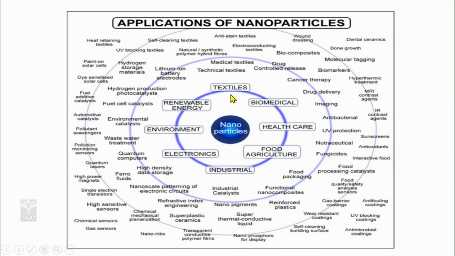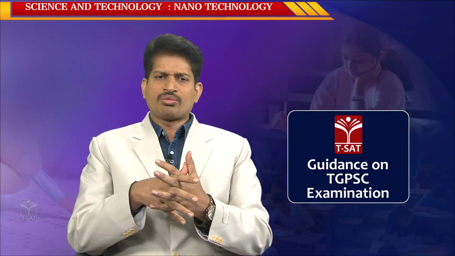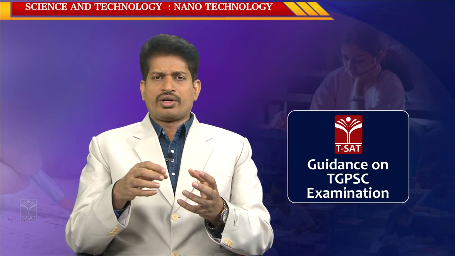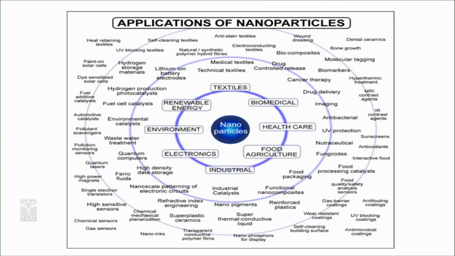In textiles, better breathable textiles, textiles which are wrinkle free, textiles which are antibacterial. So, these are the different range of applications. For example, in biomedical applications, a drug delivery system with the help of Buckminster fullerenes, you can synthesize materials of your desire which are accepted by your immunity.